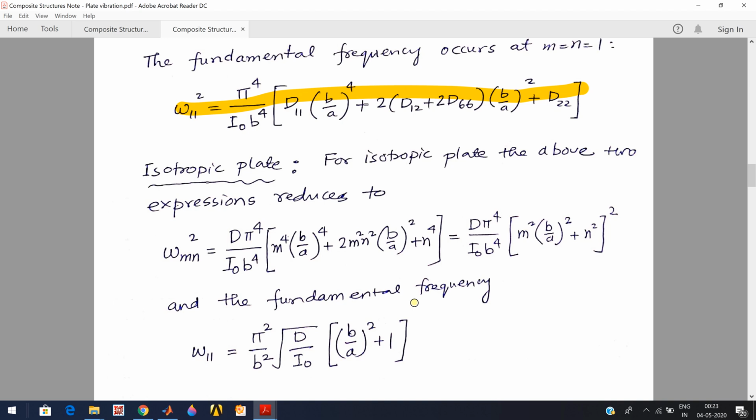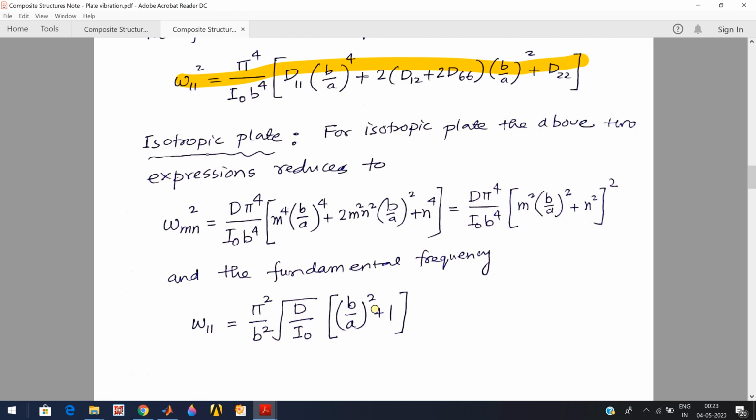For the fundamental frequency m and n will be 1, and for a square plate b by a will be 1, so it will become 2 pi square by b square root D by I0. So that's for an isotropic square plate, the fundamental frequency will come out like that.